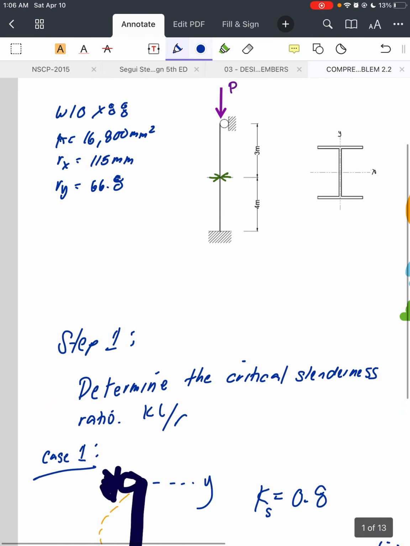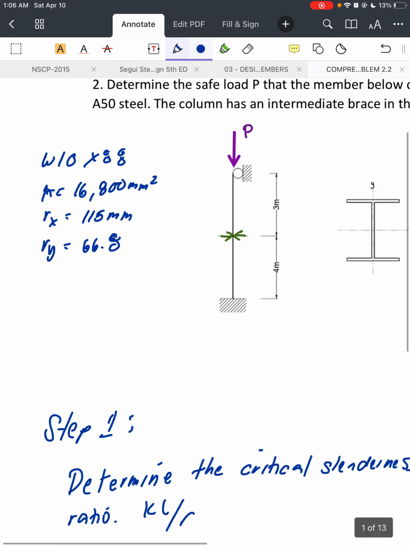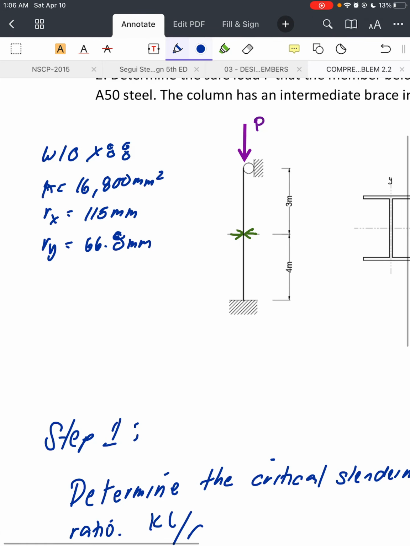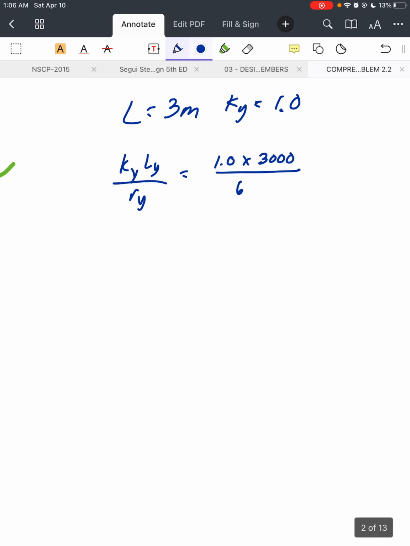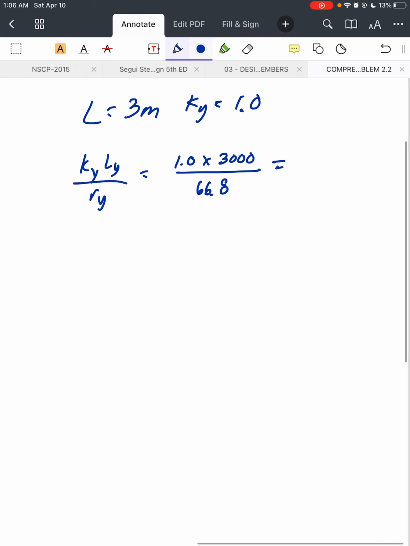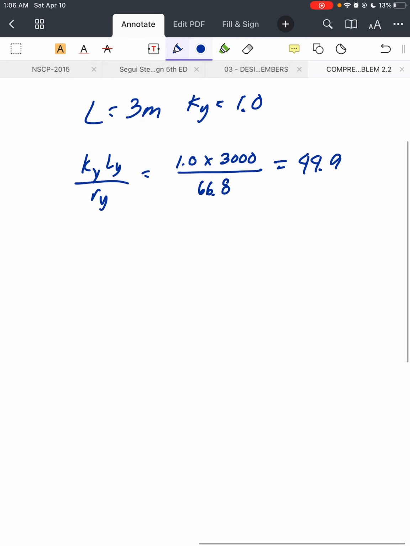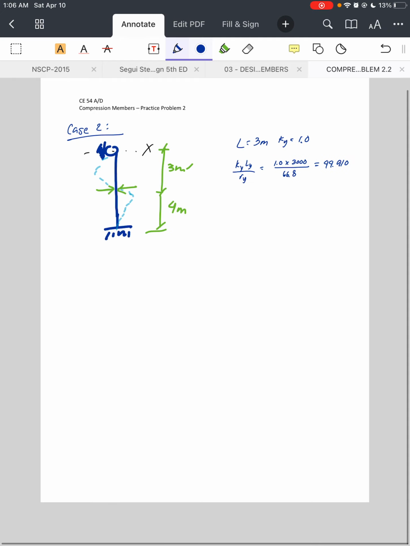Again, that is 66.8 millimeter. Okay, so let's write here 66.8. So this will be equal to 44.91.